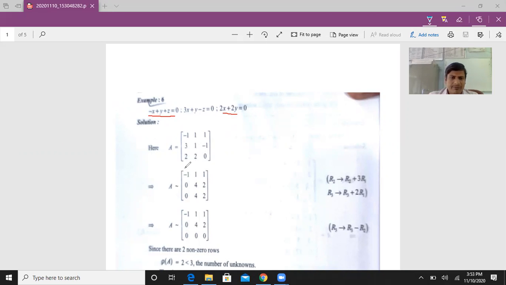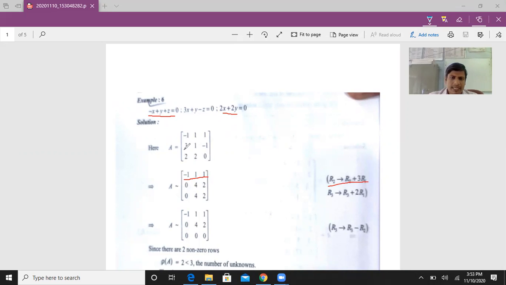See here, the first row is as it is: minus 1, 1, 1. Next, the second row: R2 equal to R2 plus 3 R1. Why?